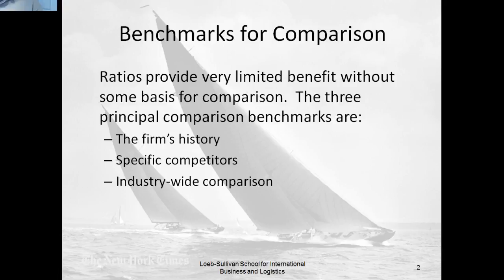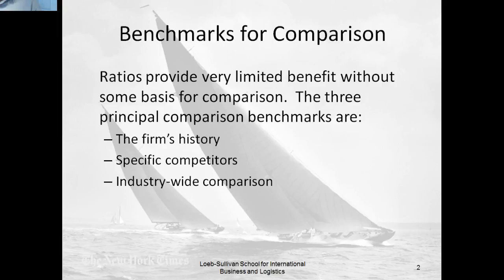Ratios without some comparative basis don't really do much for you. So you need some kind of a benchmark. The benchmarks for ratios tend to be trend analysis, so your own history, what's happening with a particular ratio over time.